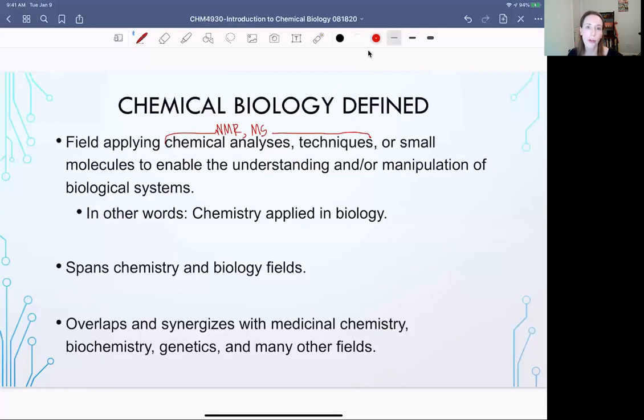We can also look at chemical biology as referring to the application of chemicals to study biological systems. As a major example of that, when we think about small molecules, what we are often referring to is synthetic compounds. An organic chemist goes into the synthetic chemistry lab.